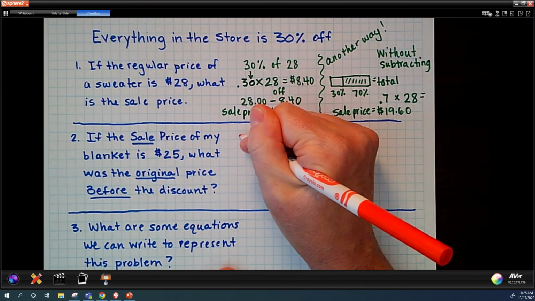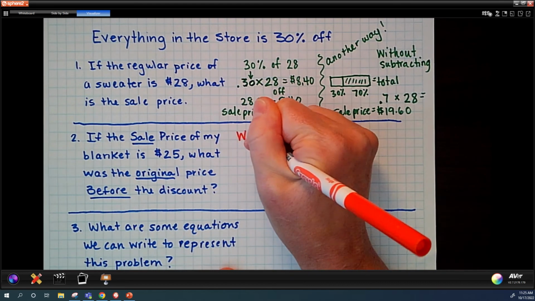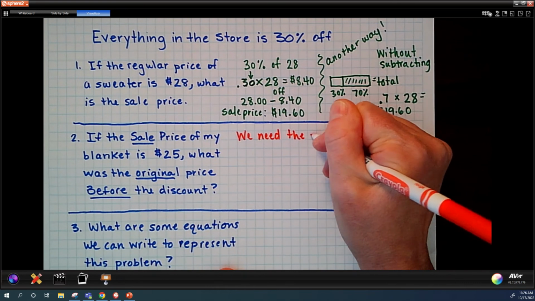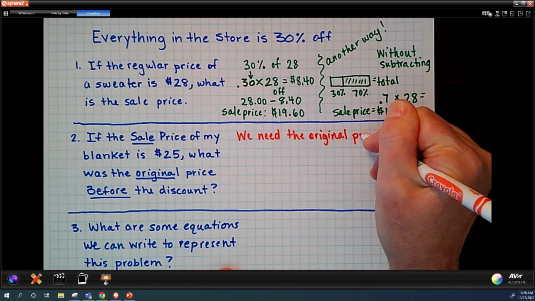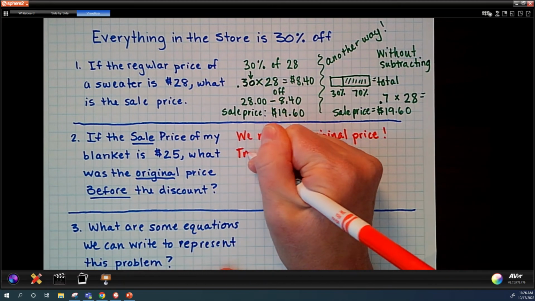So we're trying to get back to the original. We need the original. I say we're trying to get back to 100%.